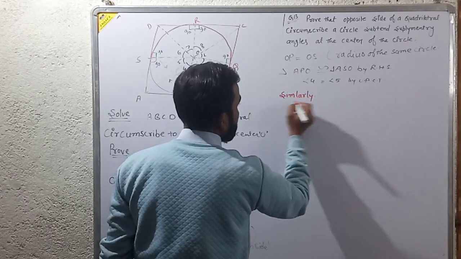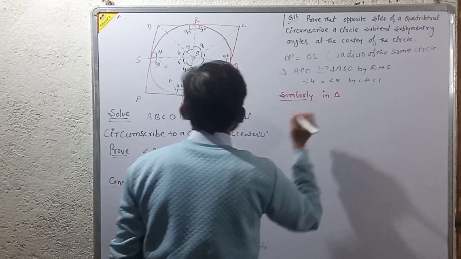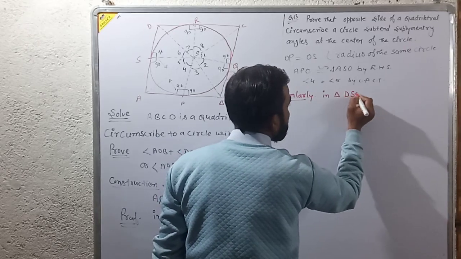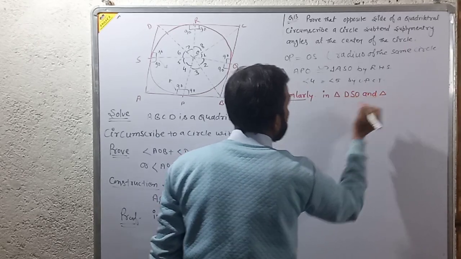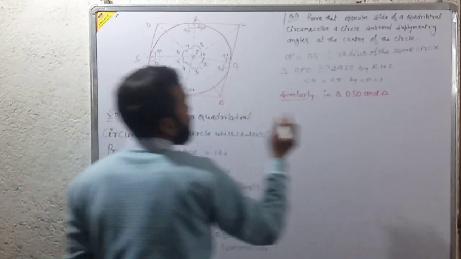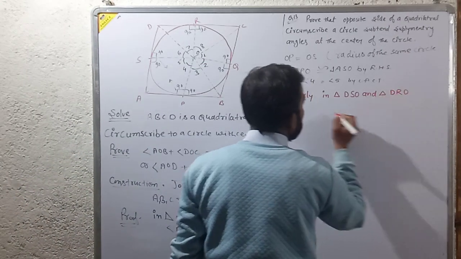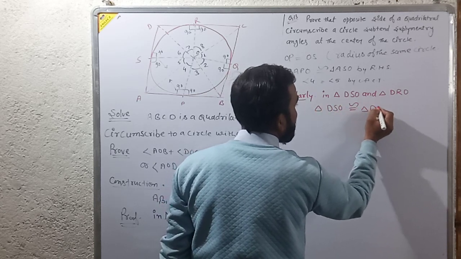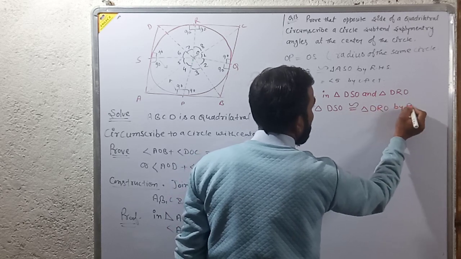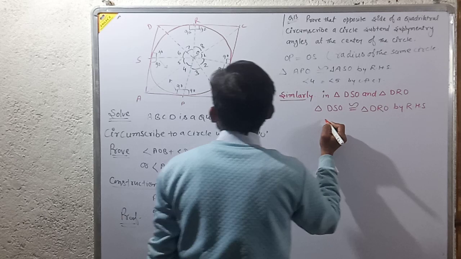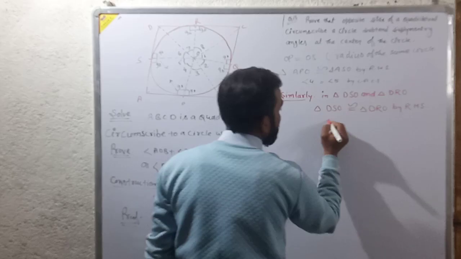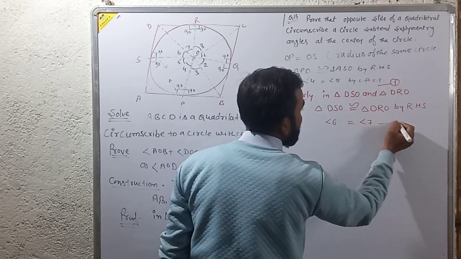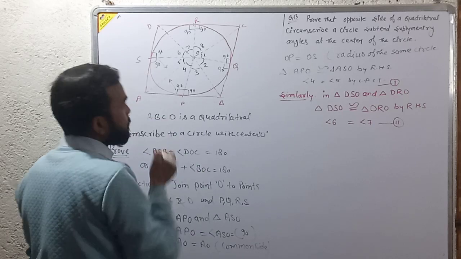Similarly, in triangle DSO and triangle DRO, triangle DSO is congruent to triangle DRO by RHS. So angle 6 is equal to angle 7. This is equation number first and this is equation number second.